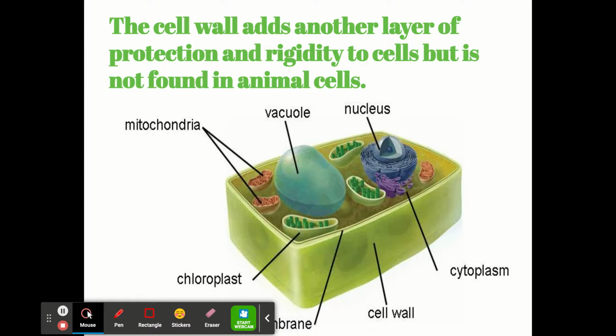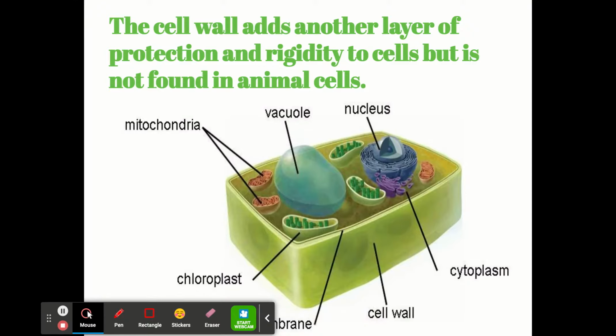Okay, so one different organelle that is found in plant cells and also in bacterial cells is a cell wall. So the cell wall is located outside of the cell membrane. It is different from the cell membrane because it's much stiffer and rigid.